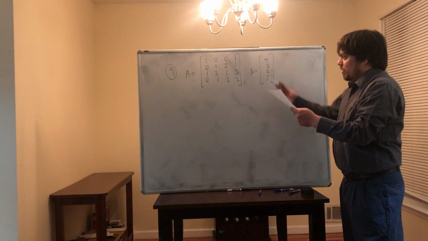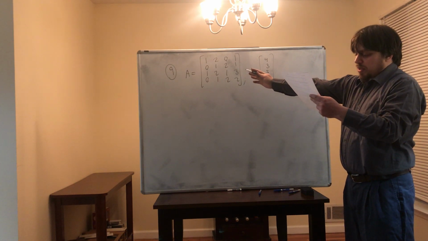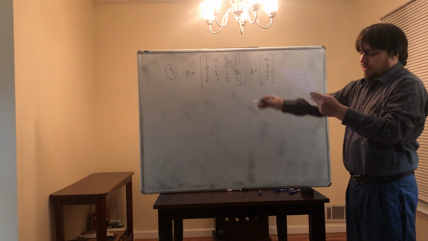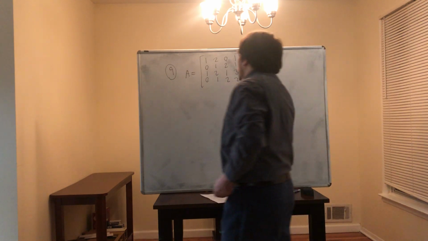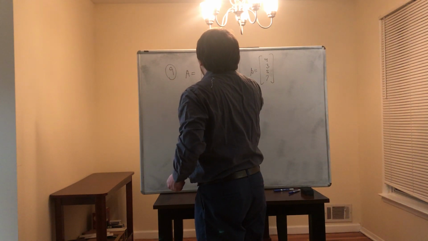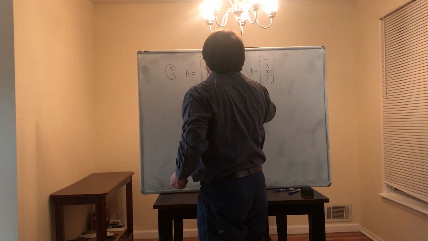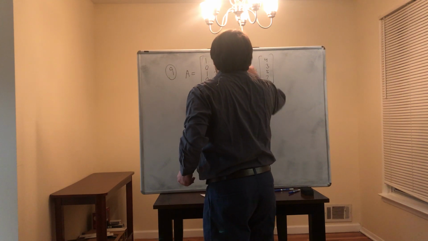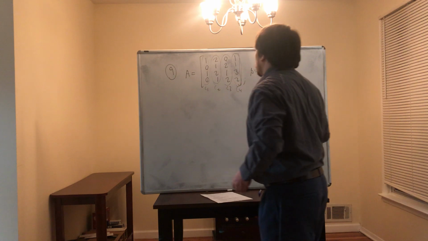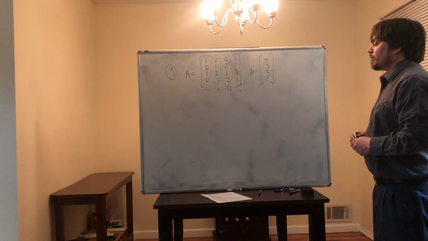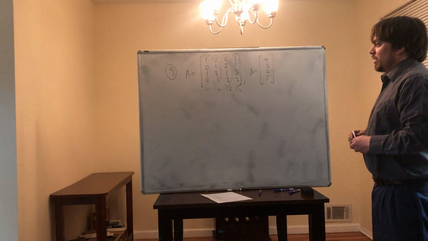Okay, so we want to determine whether this B is in the column space of A, and if so, express B as a linear combination of the column vectors of A. So let's call the first column of A C1, the second column C2, the third column C3, and the fourth column C4.